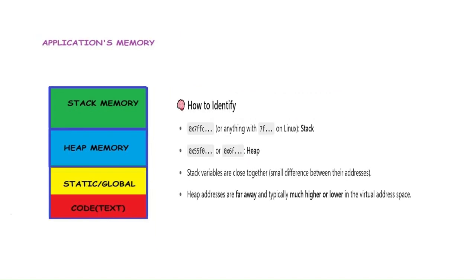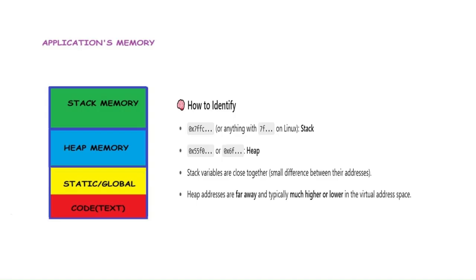Now, there's a fact that any address associated with the stack section of memory is gonna have a memory address of 0x7ffc or 7f, whereas any address linked with the heap section of memory is gonna be something like 0x55f or 06f or 0x56, something like that.